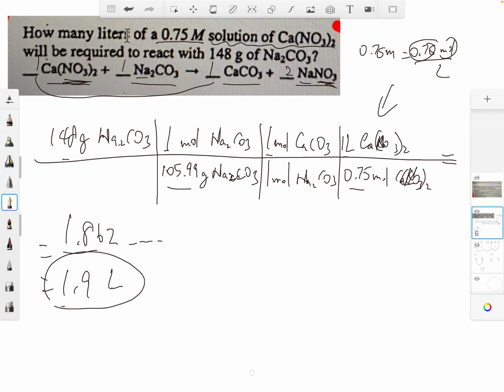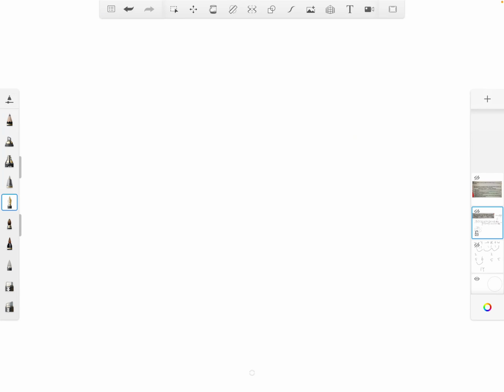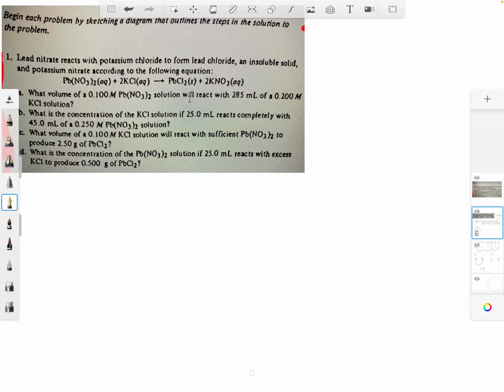All right, we'll look at the next problem. It's actually a set of problems. It's the same chemical reaction, but we involve 4 different scenarios. So we'll look at them one by one.